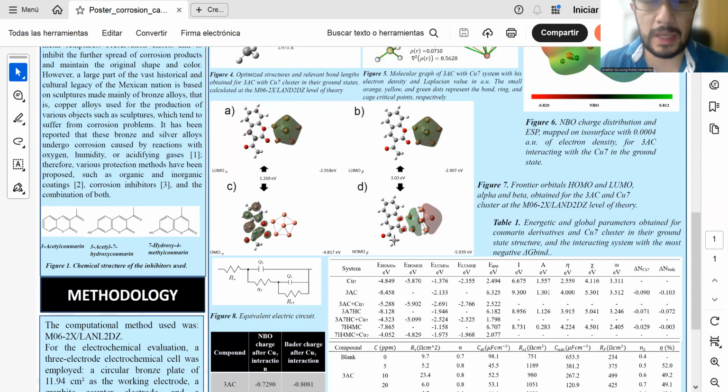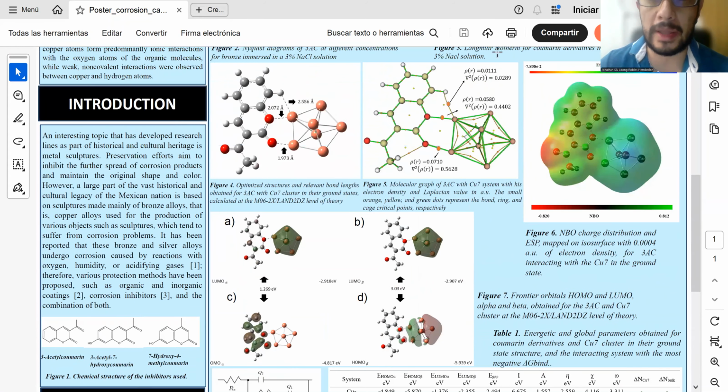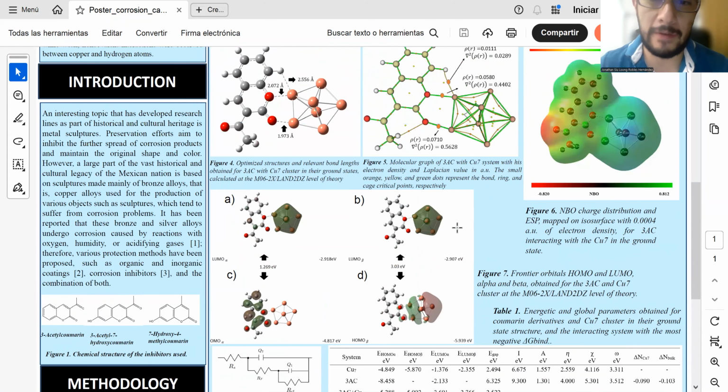And we obtained the HOMO and LUMO orbitals, and we can see in figure 7 the HOMO and LUMO orbitals for the interaction between the organic compound and the copper cluster. As we can see in the HOMO beta orbitals, there exists an interaction between the oxygen atoms and the copper atoms that we corroborate with the molecular graph in figure 5.